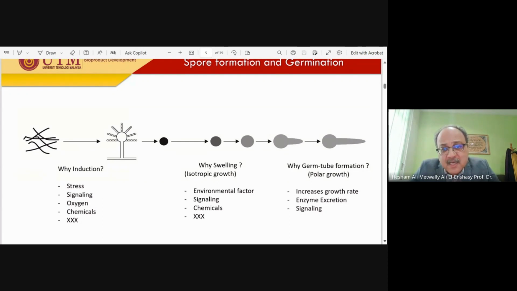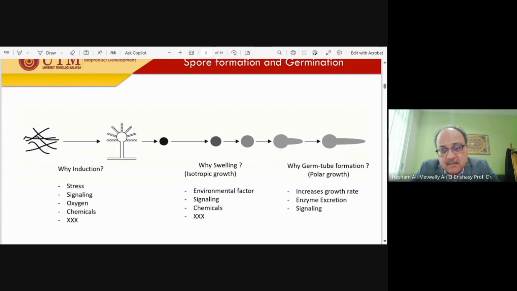How do the cells start from dormancy to germinate? There are environmental factors, signaling, chemicals, and many other things which can control or govern this process. Why germ tube formation, polar growth? After the increment of the radial growth, I'm going to find the germ tube. What is this germ tube?